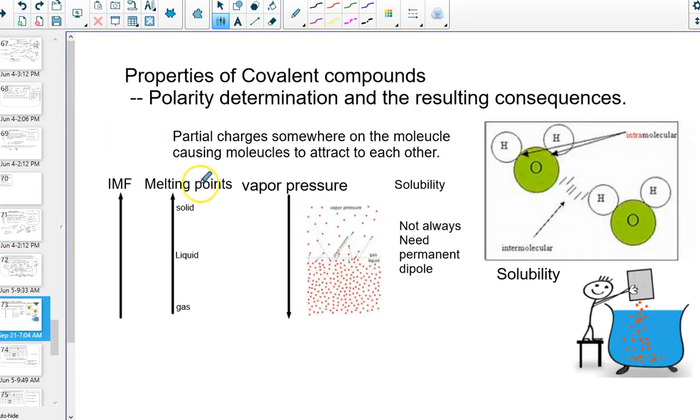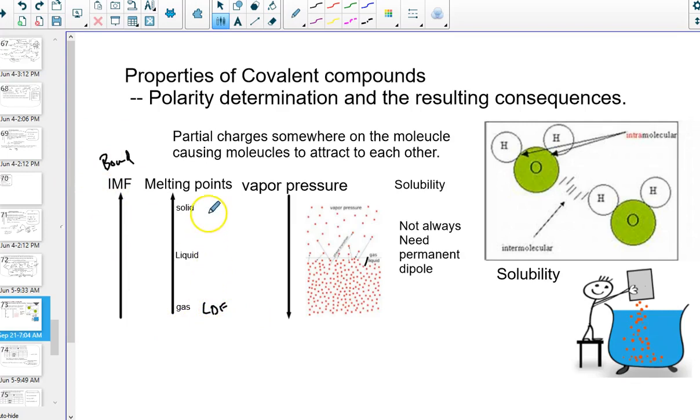So, properties of compounds, polarity, determination of resulting consequences. Here's a re-summary of this. Increased intermolecular forces and or bond type increase melting points. If the only things holding it together are weak London dispersion forces, then it's likely a gas.